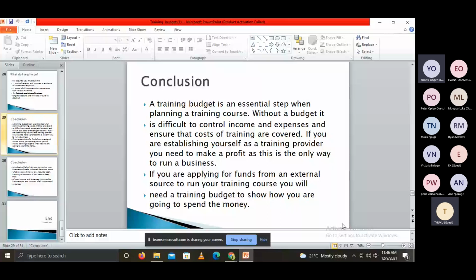By being program based, you must identify what you want to achieve through this training program, so that you're able to identify the goals of the training, the objectives that you will have to meet so that you are able to achieve that goal. And that is what ultimately will determine your budget items.